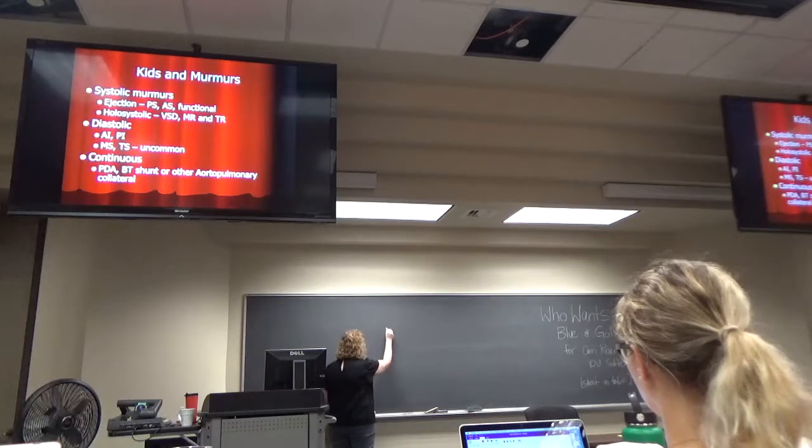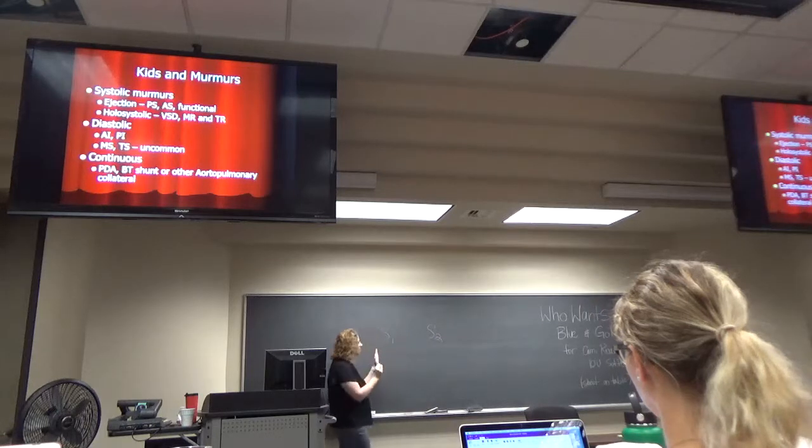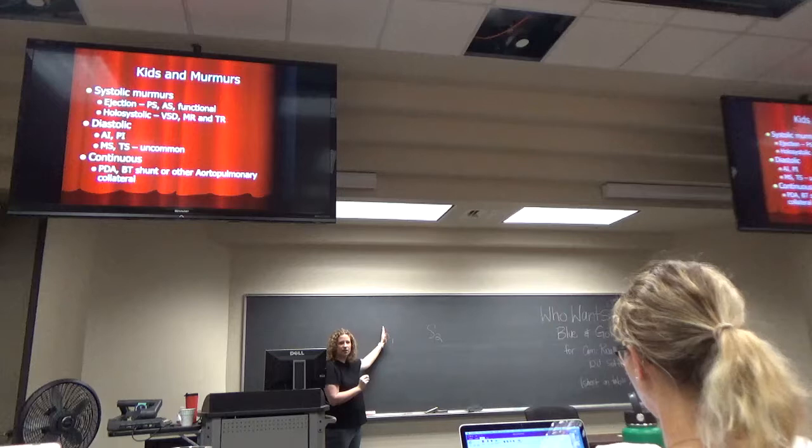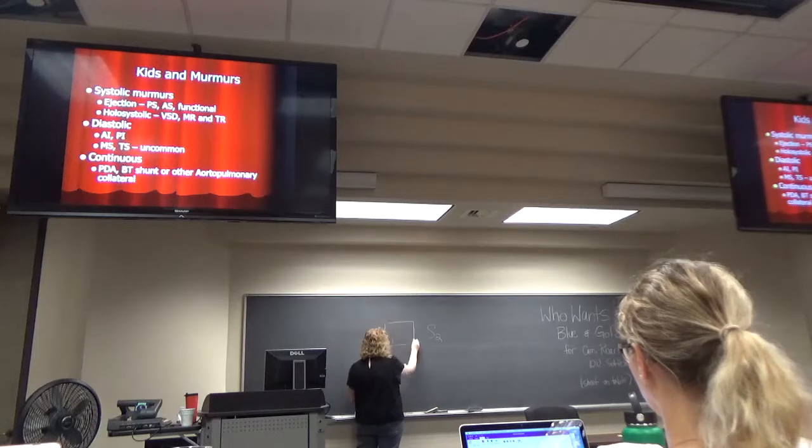What they mean is, when you listen, you have S1 and you have S2. A holosystolic murmur, by definition, starts at the initiation of S1, at the start of systole. So oftentimes you hear S1 and then hear the murmur.